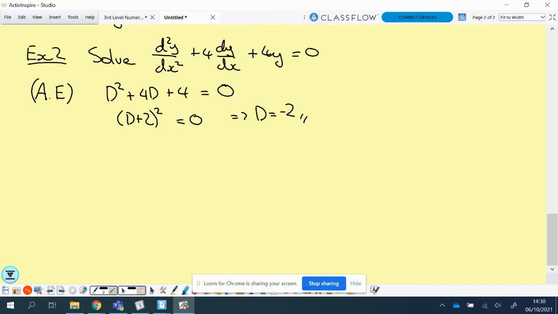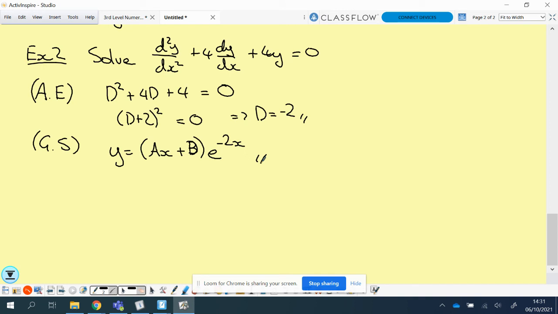So, general solution is that y equals ax plus b, e, and we put our root up, which is negative 2, so it's e to the power negative 2x there. Okay, that's what my general solution for that one would have been. So that was category 2, that we were in the same root, so I had to write a general solution like that. You okay with that one?